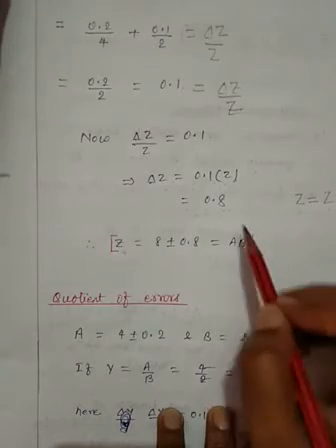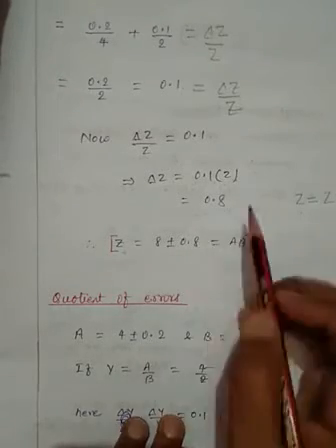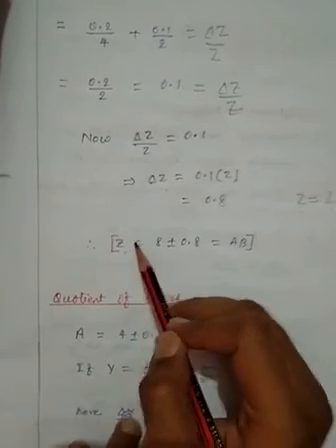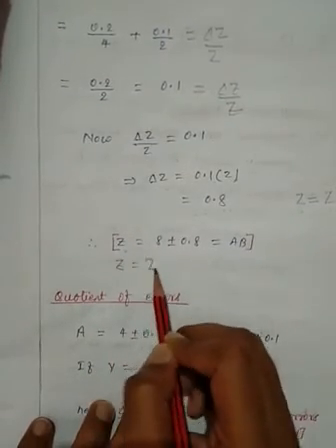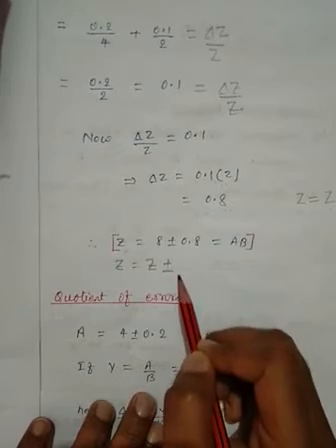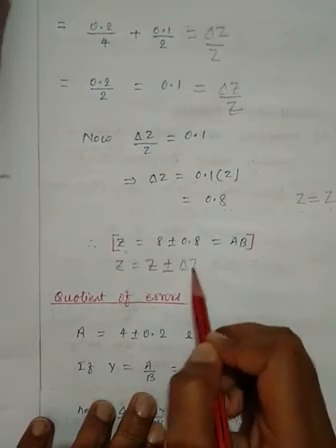If it is not visible, I am writing it here. This is the calculation, z, the product. So, z can be represented as the absolute part plus minus the error part, that is delta z.